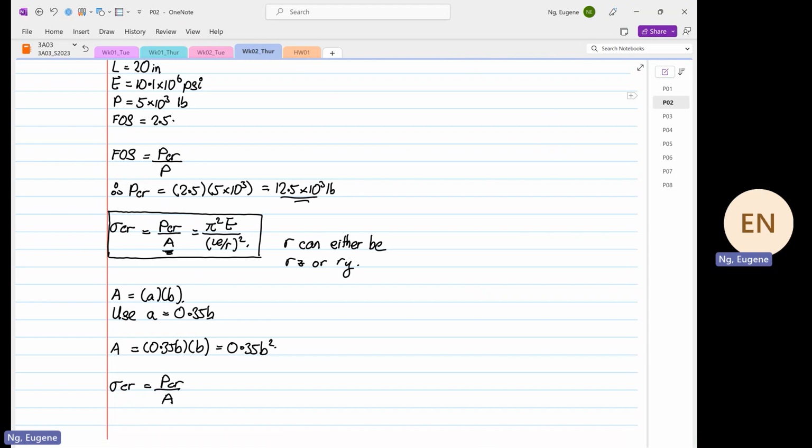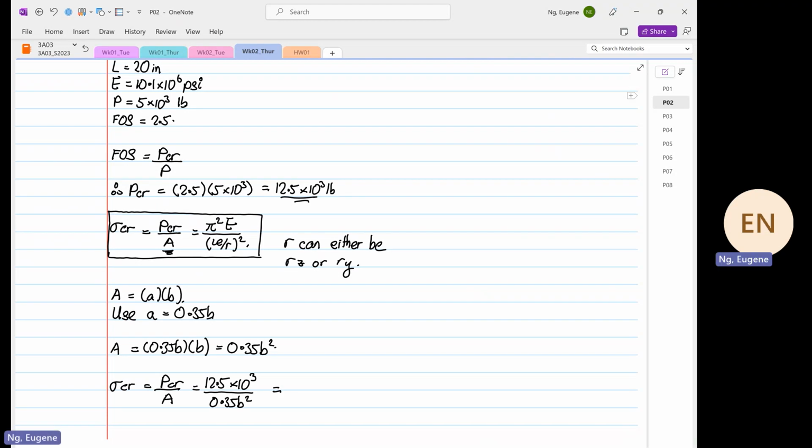So this will be equal to 12.5 times 10 to the power 3 divided by 0.35b squared. Okay.